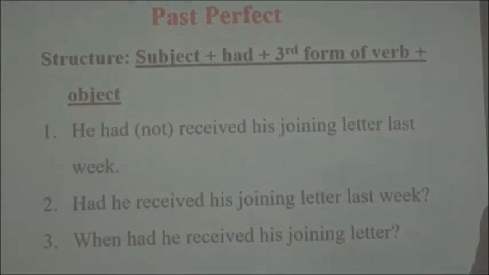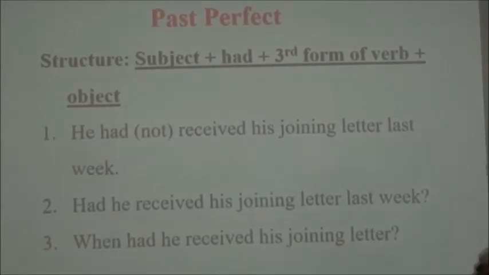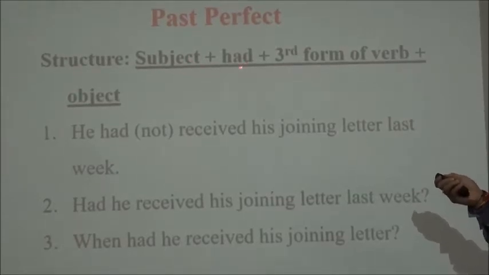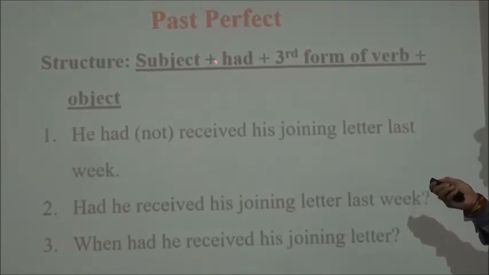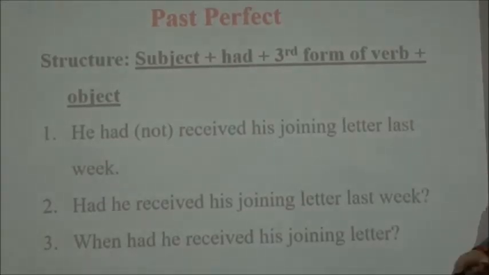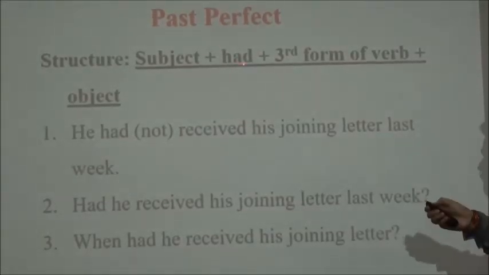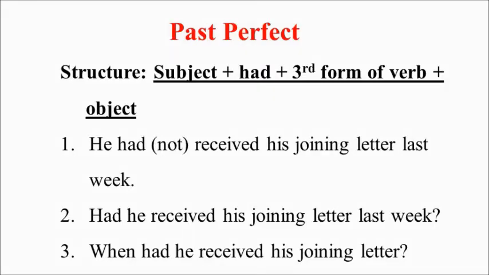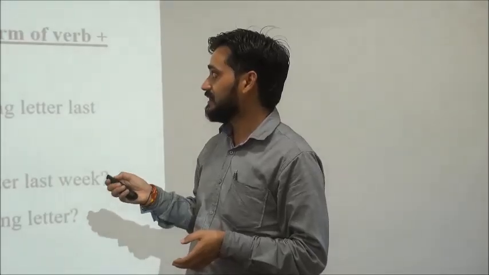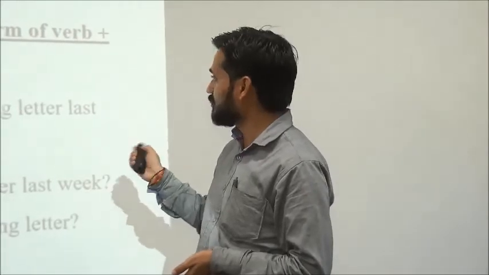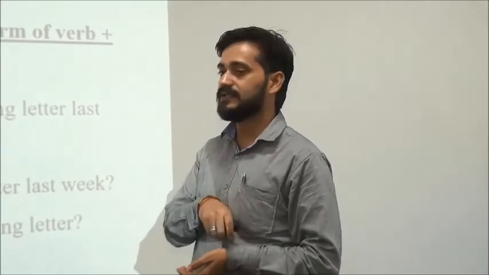You can write it or speak it by following this structure: subject, had. Please focus on had, because this is a specific form. In present tense you use has or have, but in past tense there is only had. This is the specific form of past perfect tense. Then the third form of the verb, object and time.